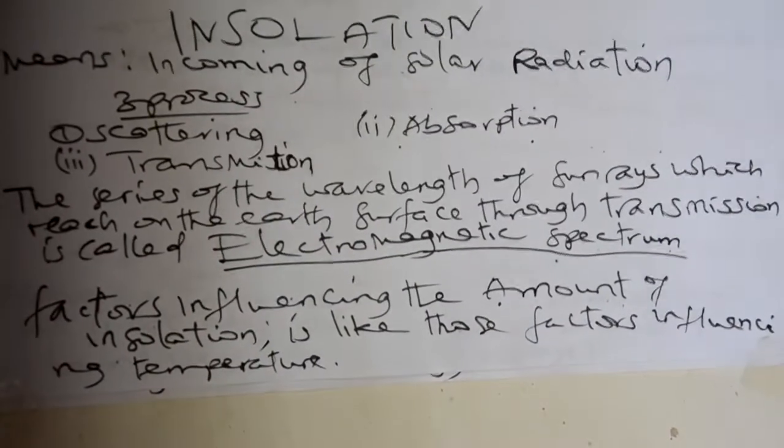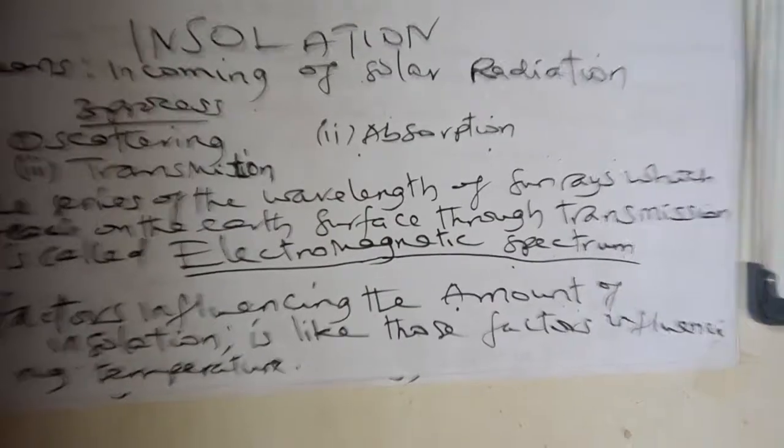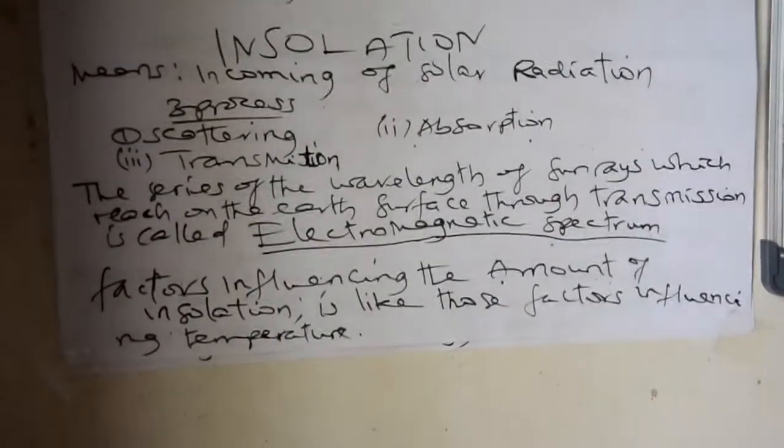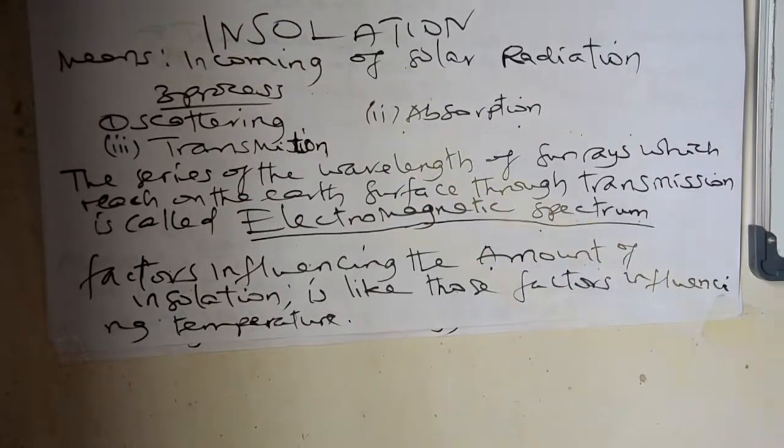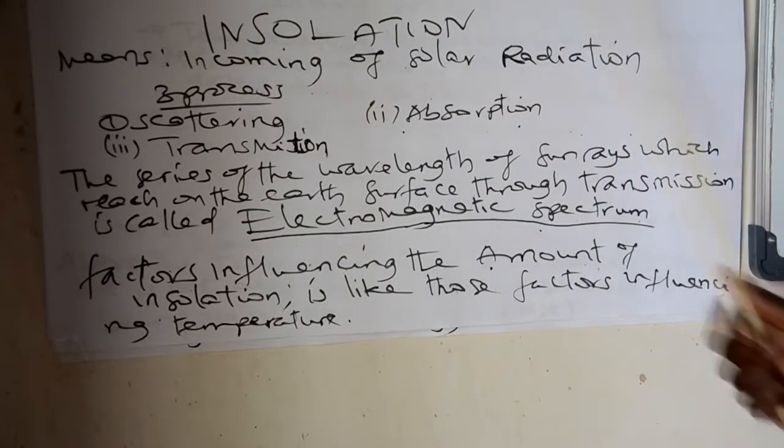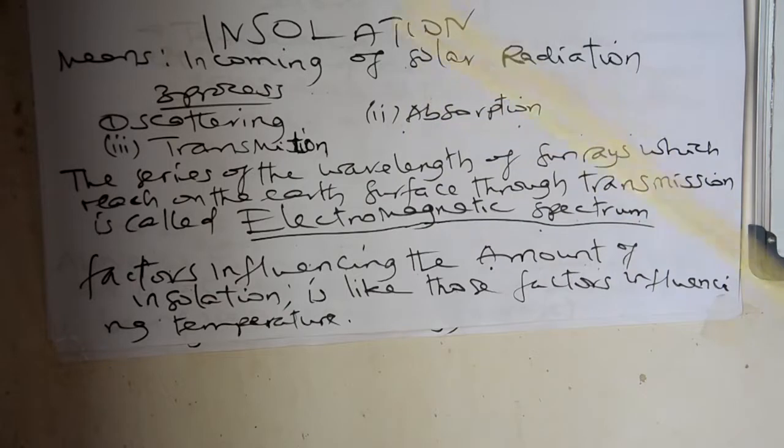For instance, there is sun position, which is latitude, scattering and absorption, ozone gases, atmospheric gases, aspect, length of night and day, aphelion and perihelion, reflective capacity of the surface, which is albedo, and the amount of cloud cover.